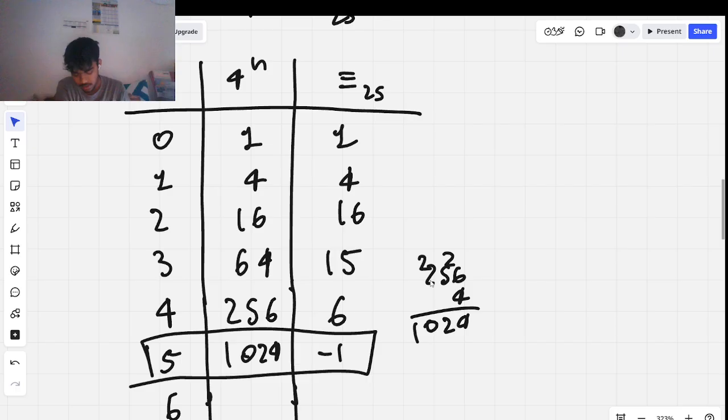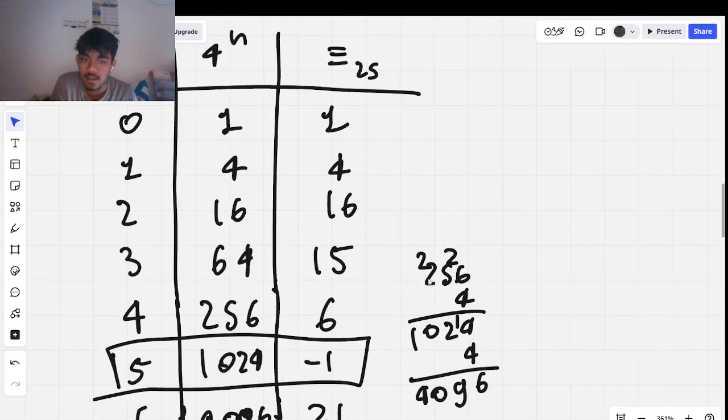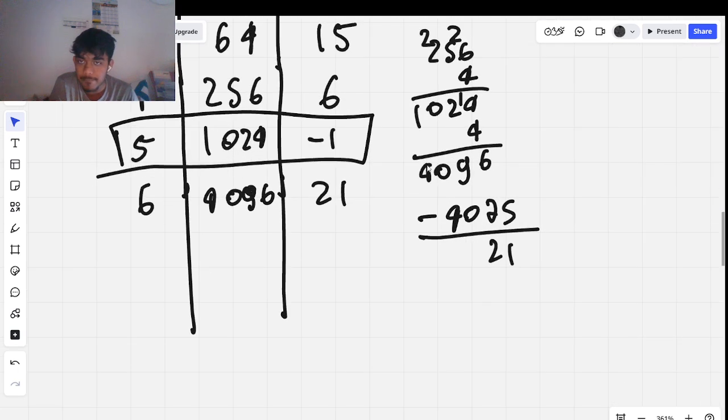This might be long. 4096, which, 4075 is divisible by 25. This is congruent to 21 modulo 25. I'm going to go up to 10. You know what?